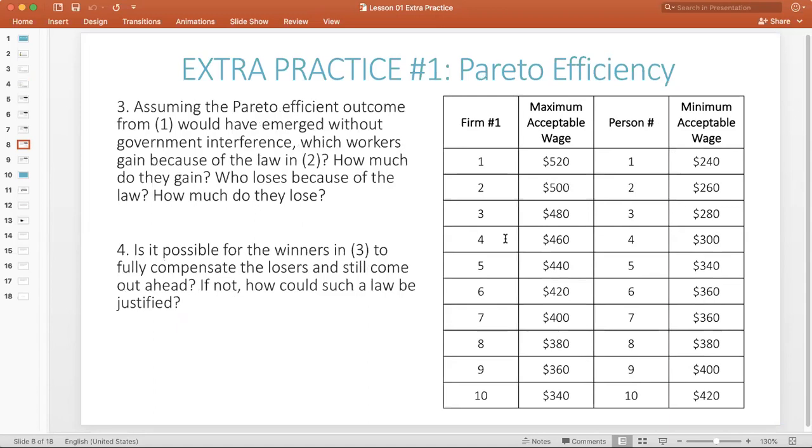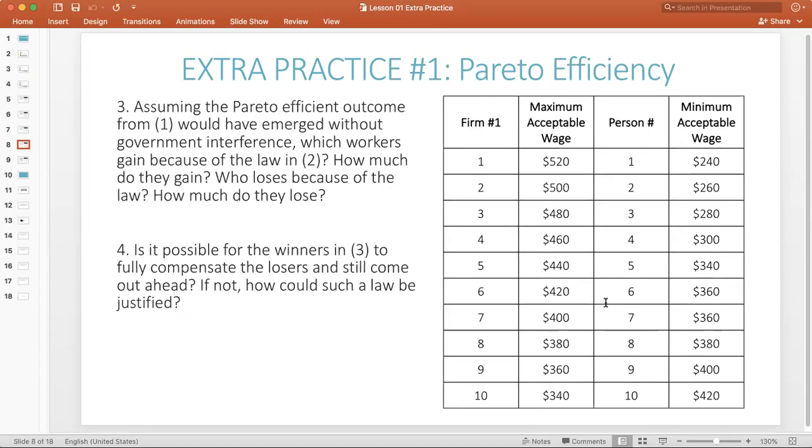But looking more at it, there's still some more people who lose. Those people would be workers 4 through 8 that weren't hired. These workers have been shut out by this law, and originally they were making $380.